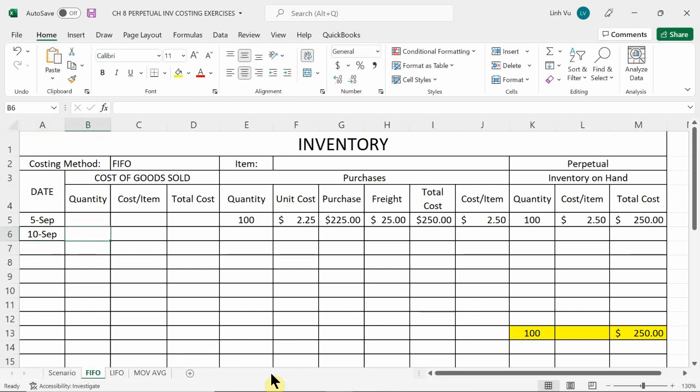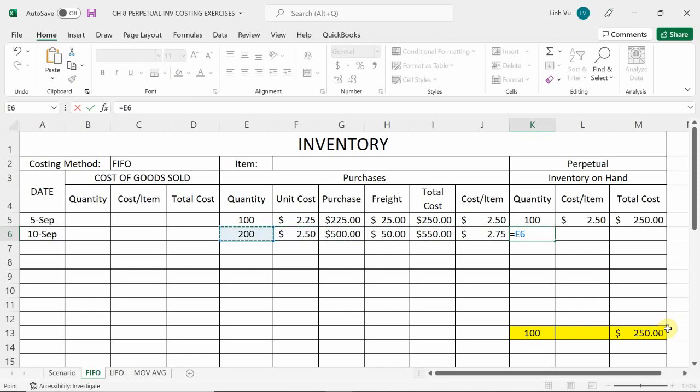What's my purchase price here? $500 plus 50 is 550, giving me a cost per item of $2.75.